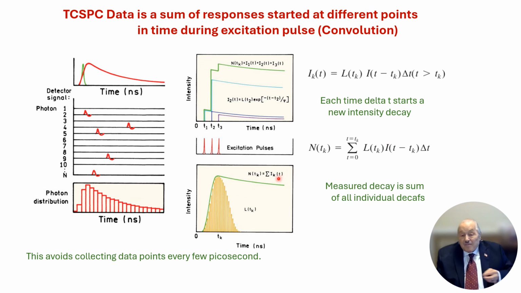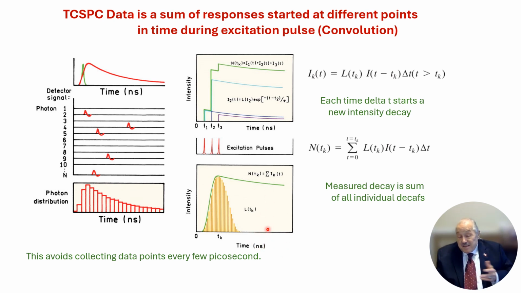That's called a convolution. The nomenclature doesn't matter very much, but the intensity decay that you measure is not really the actual intensity decay. This is the one at one point. It's actually the intensity decay from exciting the sample at all these different time points.